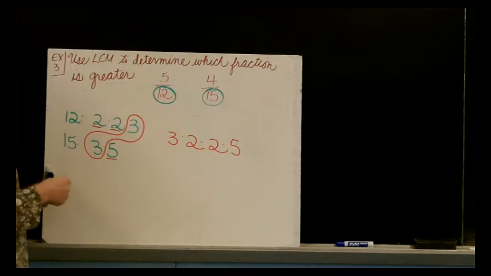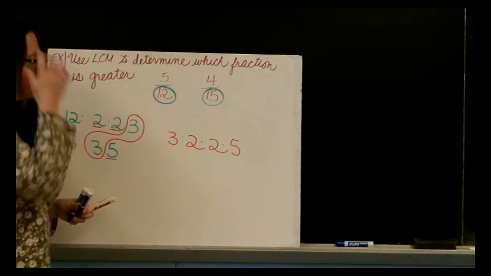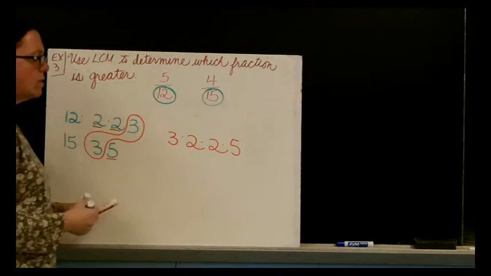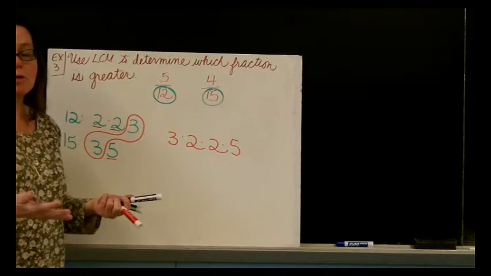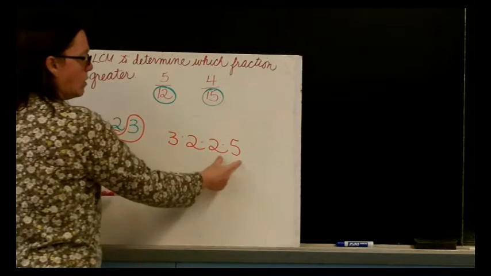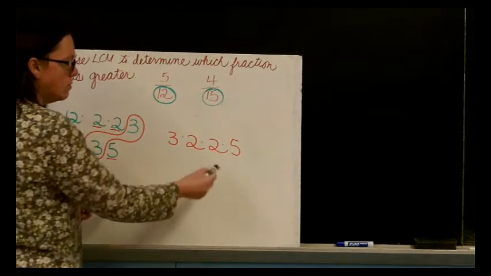Now when I'm multiplying, you can either move from left to right, taking it one step at a time the way I do, or because of the commutative property of multiplication, you can even jump around a little. What I mean by that is I recognize right away that 2 times 5 is 10.